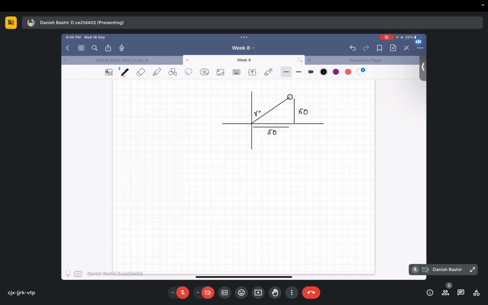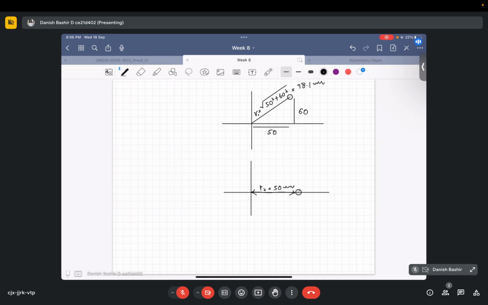So this r1 comes out to be root under 50 square plus 60 square, that comes out to be 78.1. And for another bolt, which is on the axis, r2 comes out to be 50 directly.